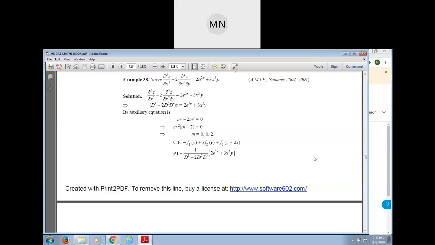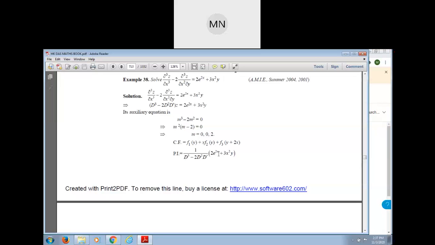Now see the first part. This is the exponential function, of the form e to the power ax plus by.